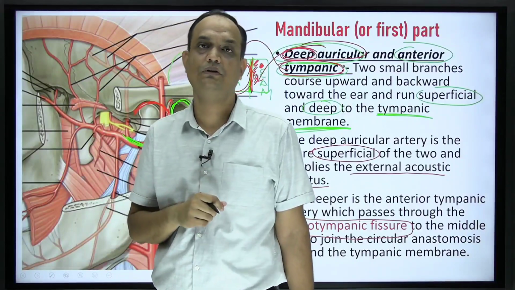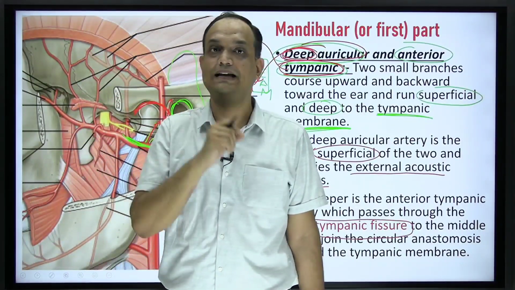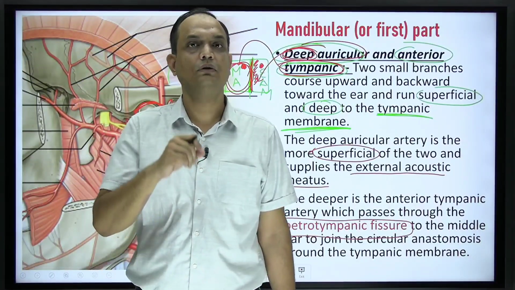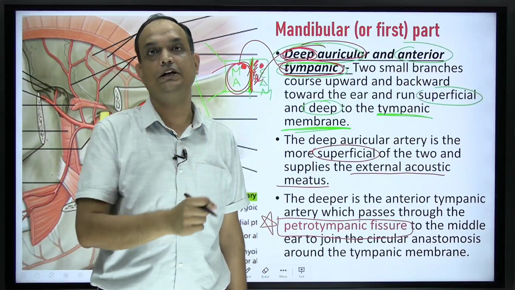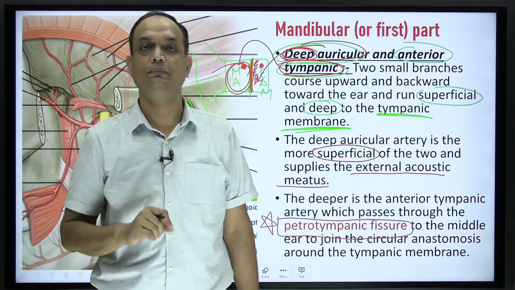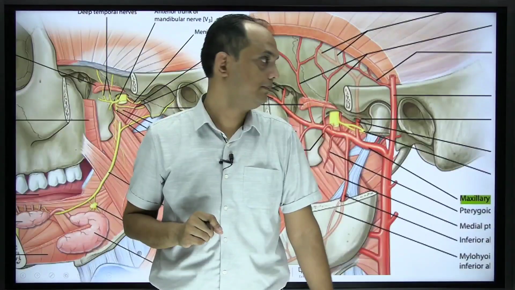So this is the question of your exam, and through the same fissure, if you remember, you have the exit of chorda tympani. So this is the important thing you have to keep in mind, how this anterior tympanic artery enters into the middle ear cavity. Answer is with the help of petrotympanic fissure.